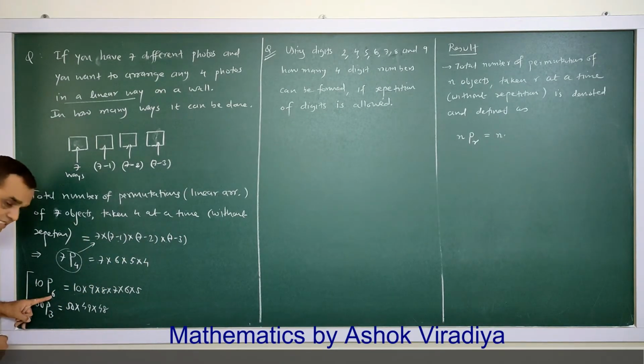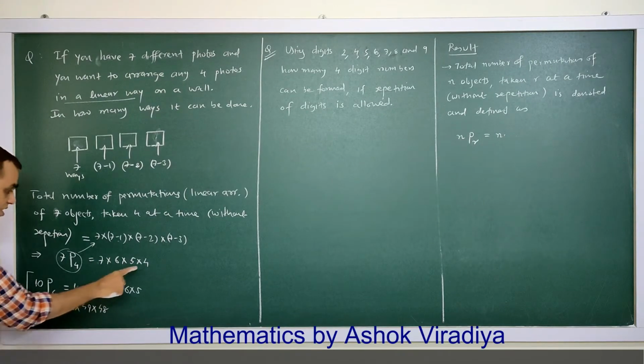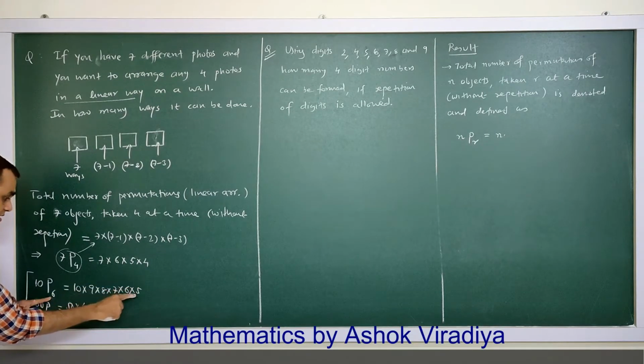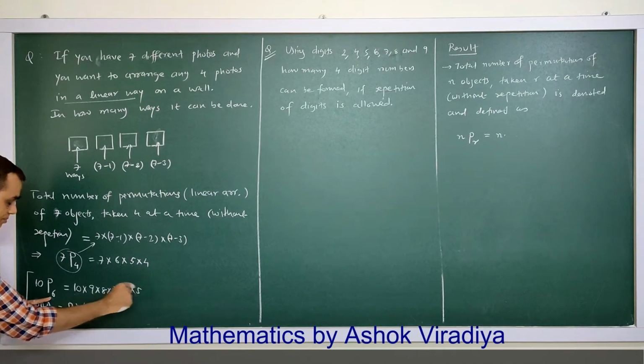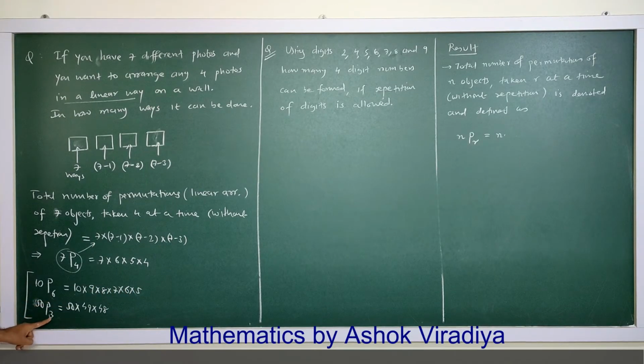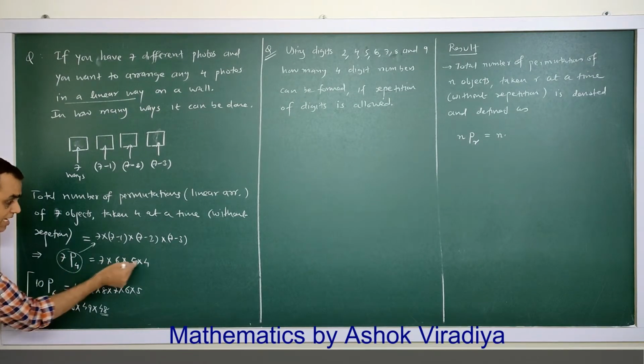So this is 6. So here out of 10, 1 less is subtracted. So this is 10 minus 5. This is 50P3. This is 3. So at last 2 is subtracted. This is 48. So it is 50 minus 2. This is 10 minus 5. 1 less. 6 given, subtract 5. 3 given, subtract 2. 4 given, subtract 3.